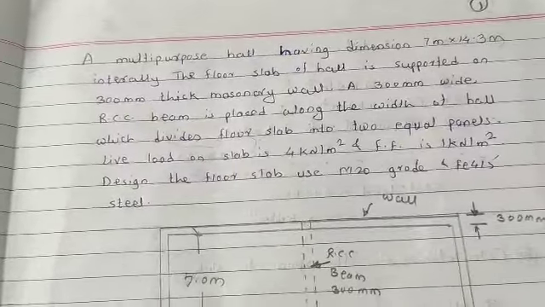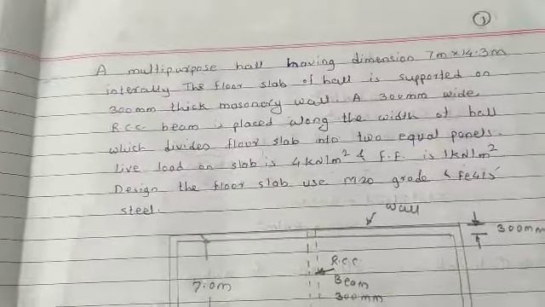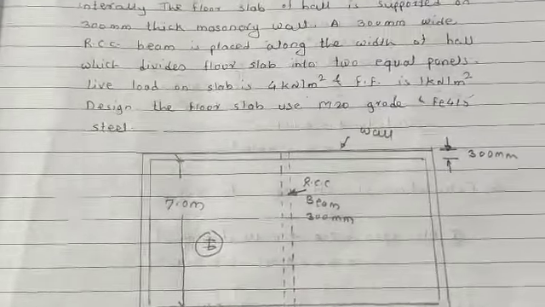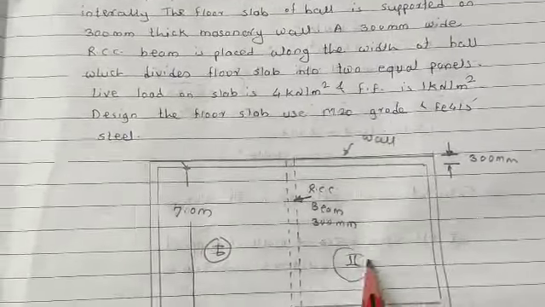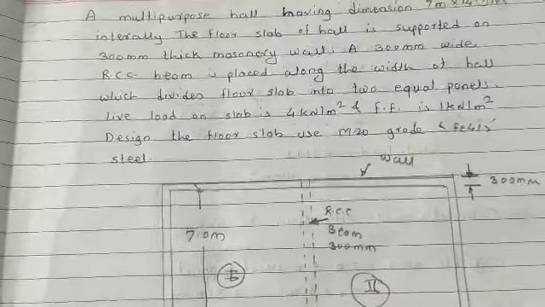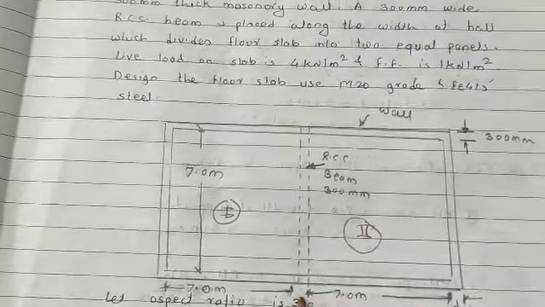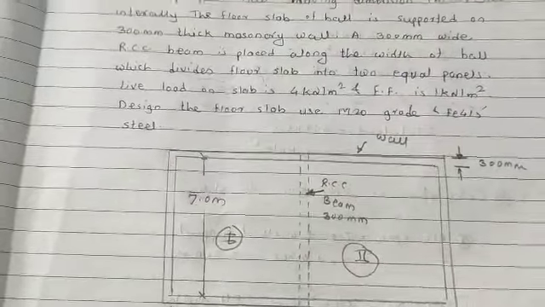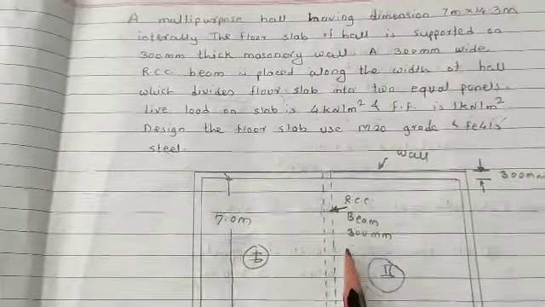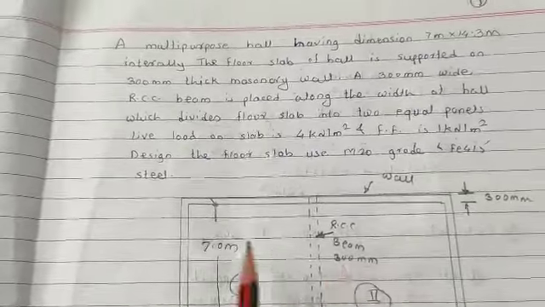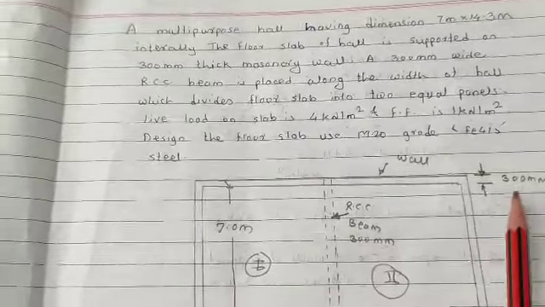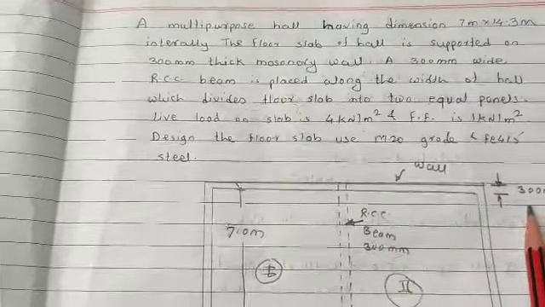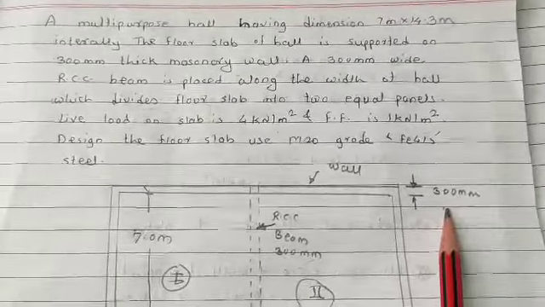So this is panel number 1 having size 7 meter, and this is panel number 2 having size 7 meter, and this is the width of the beam, that is 300 mm. So this is your RCC beam having size equal to 300 mm, and these are the positions of the wall along the periphery of the hall, and the thickness of the wall will be 300 mm.